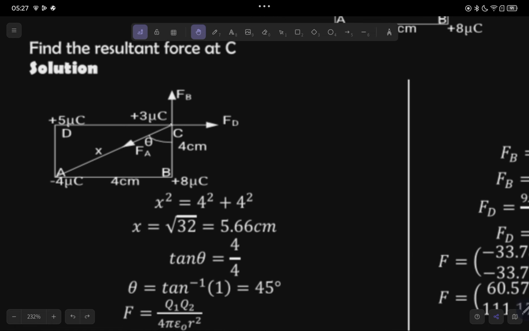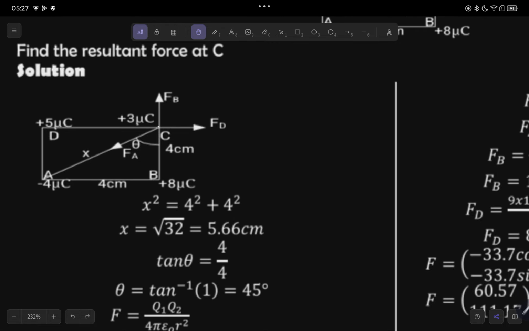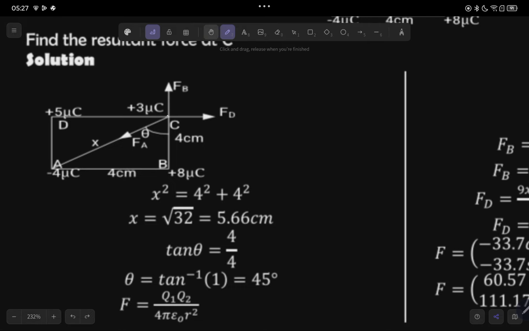Before we do that, for the negative 4 microcoulomb, we need to look for the straight distance between point C and point A. Distance CA is got by Pythagoras theorem, where you have a triangle which is right angled and isosceles at the same time with sides 4, 4.